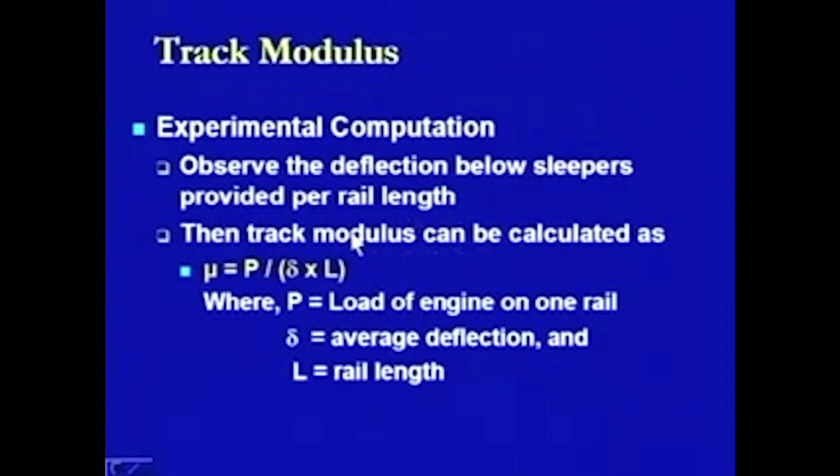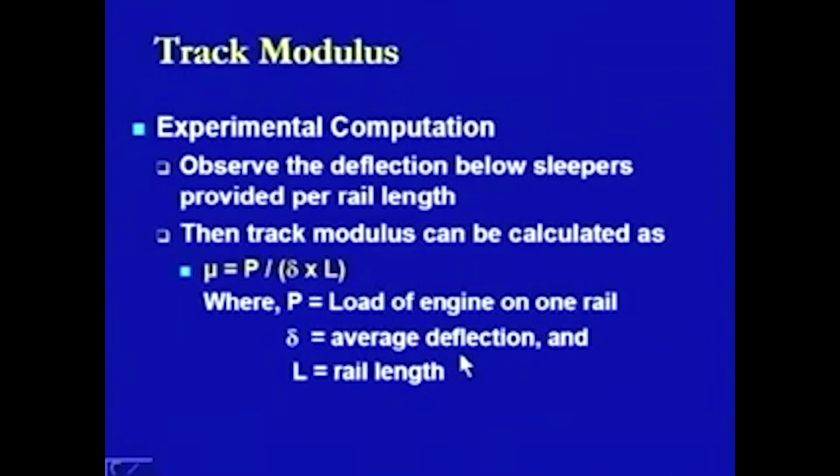And this is what is being taken in the formula shown here: mu is equal to P divided by delta multiplied with L. This is a load which is coming from the top. P is the load of the engine on one rail, L is the length of the rail section, and delta is the average deflection.